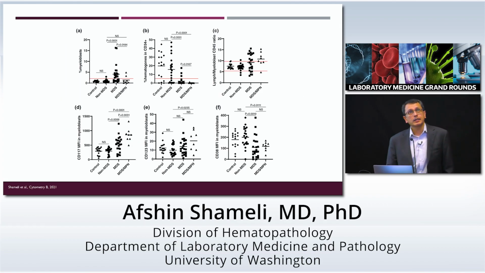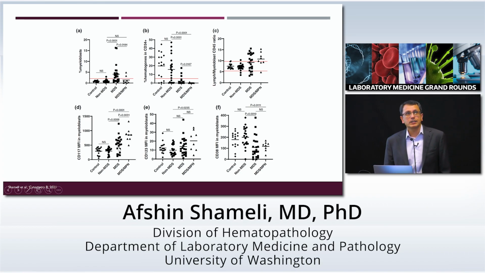So these plots show different abnormalities that could be seen in MDS and MDS-MPN cohort compared to non-MDS or our control bone marrow samples. MDS was associated with increased percentage of myeloblasts. Both MDS and MDS-MPN cases showed reduced percentage of stage 1 hematogones. And there were a significant number of cases in the MDS and MDS-MPN groups that showed abnormalities in CD45 expression.